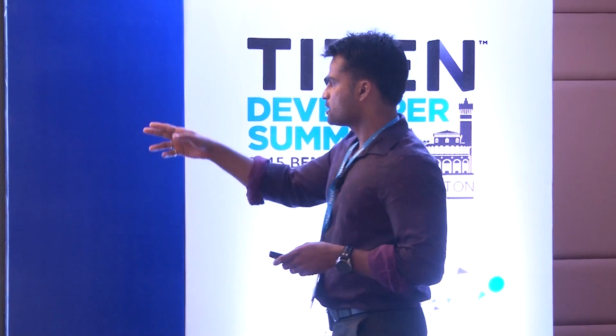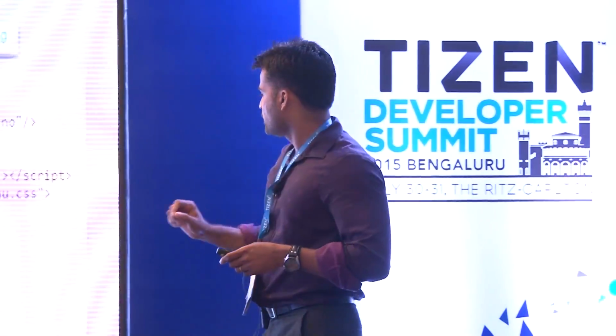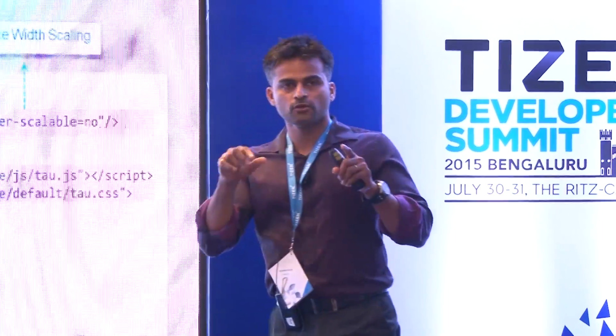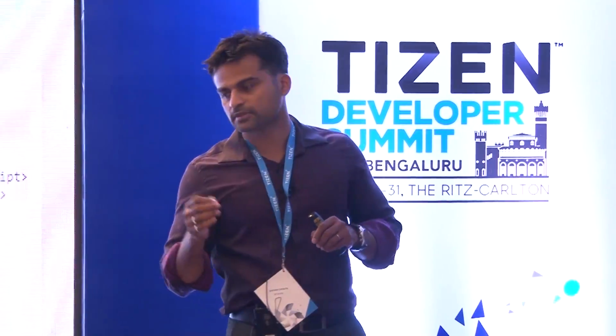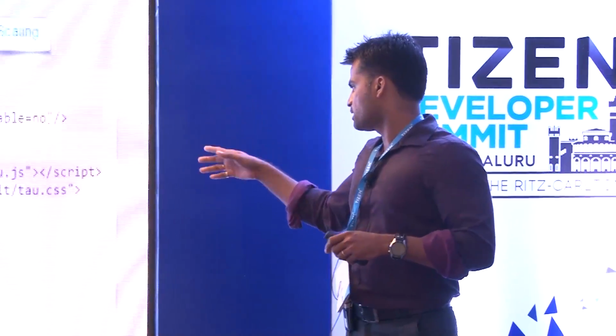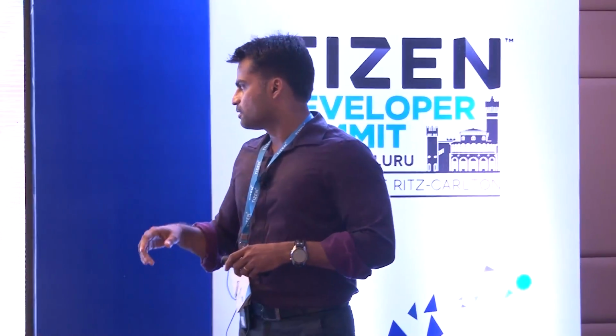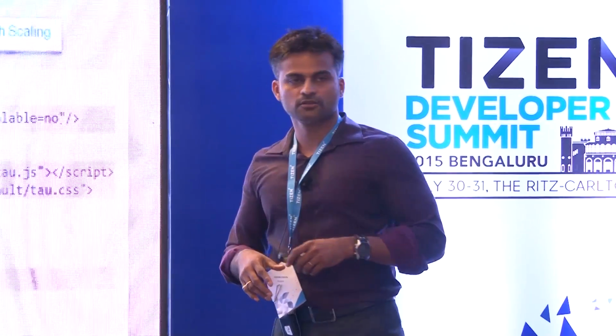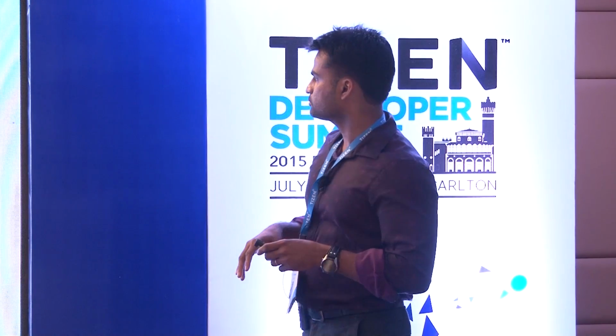In the next section, I'm going to include JS and style files, that is tau.js and tau.css. All my HTML content will be placed in the body section of the HTML file. So this is how we can start with a TAU application.